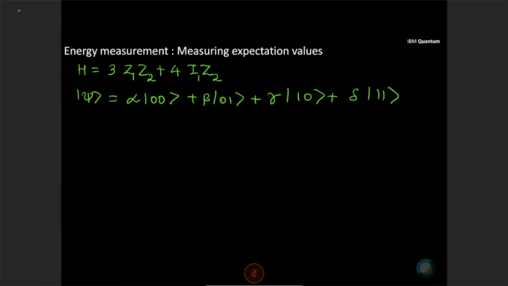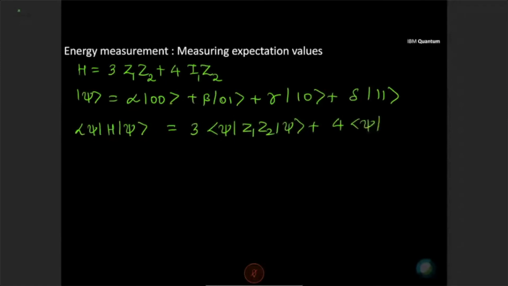Okay, and you basically want to measure this, right? And this is basically going to be equal to... so if I just focus in on only this term for now, what does Z1, Z2 do to phi?